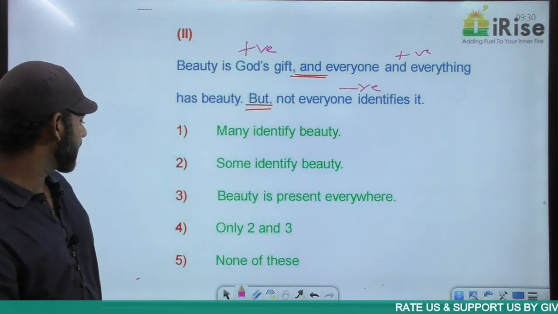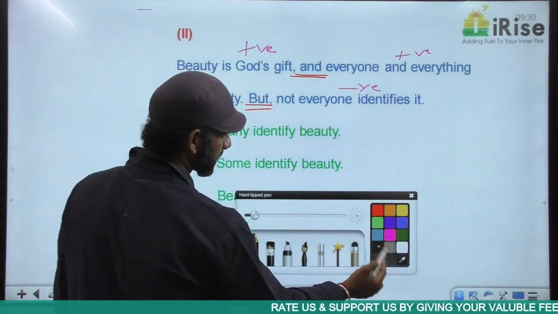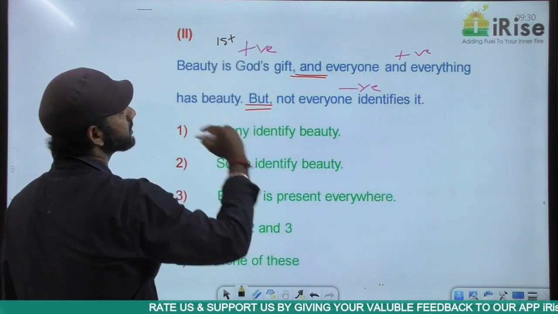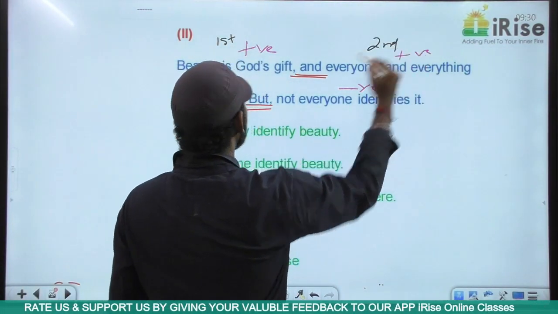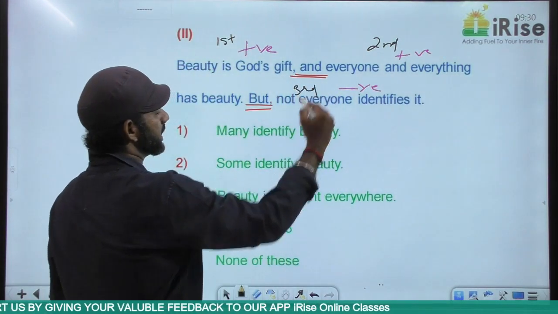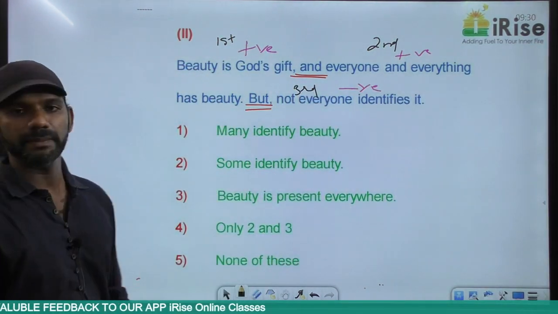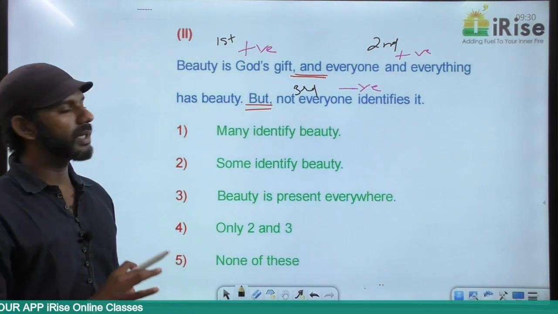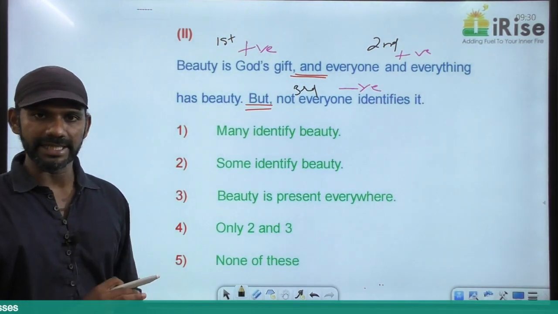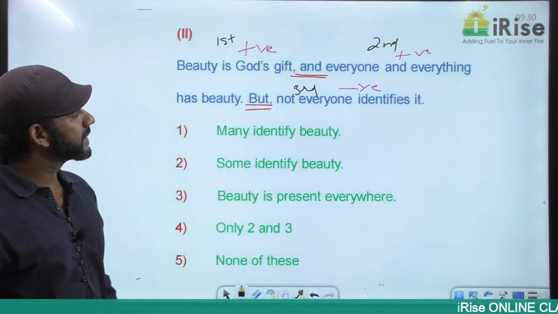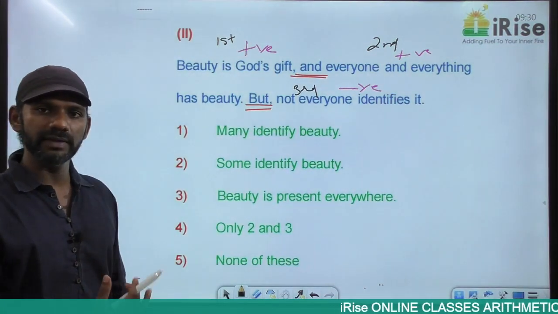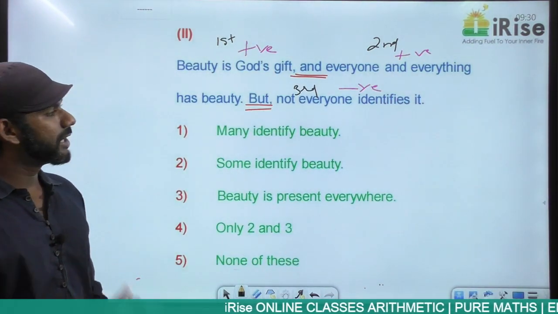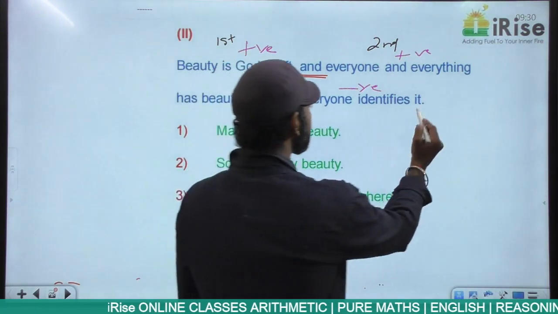So we have three ideas in this sentence: the first idea, the second idea, and the third idea, connected by and, but. The first two ideas are positive, the third idea is negative. Beauty is God's gift and everyone and everything has beauty, but not everyone identifies it.